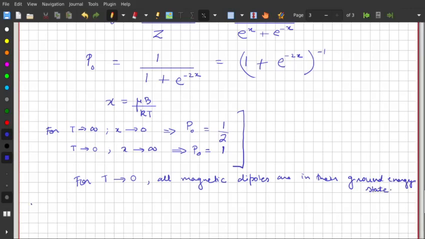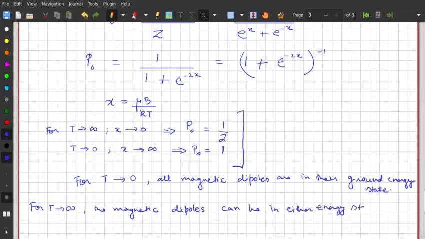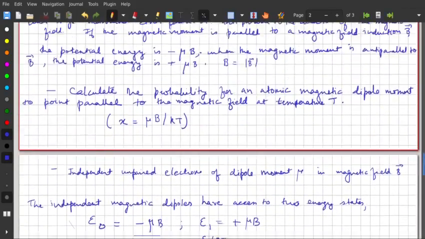And for very high temperature, that is for T tends to infinity, the magnetic dipoles can be in either energy state with equal probability. The probability that we computed was half, since there were two states. Okay, so that's the end of this problem.